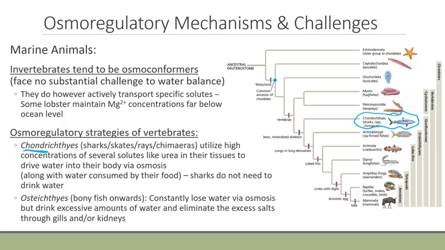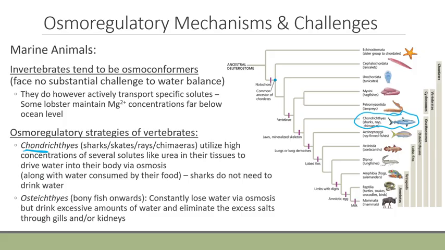Your osteichthyes, oste like osteo refers to bones, ichthyes means fish, have a different problem. They are generally constantly losing water via osmosis. They don't get to use that same urea to help drive it inwards, but instead they excessively will drink water to offset the loss of water via osmosis.